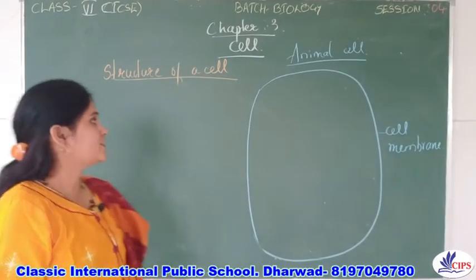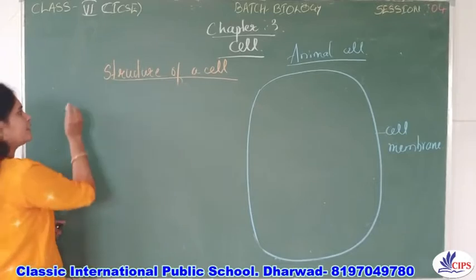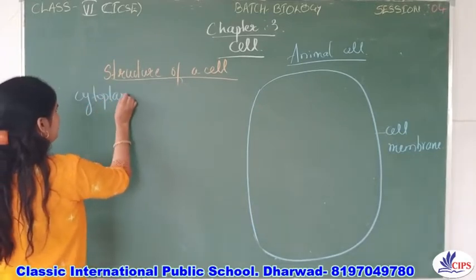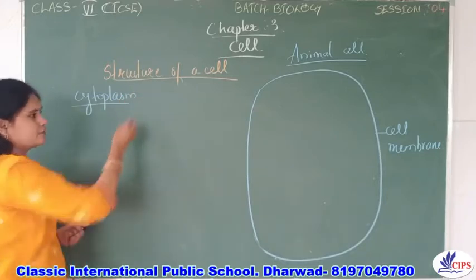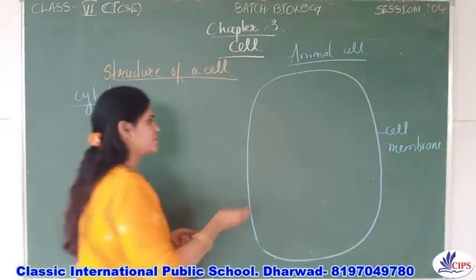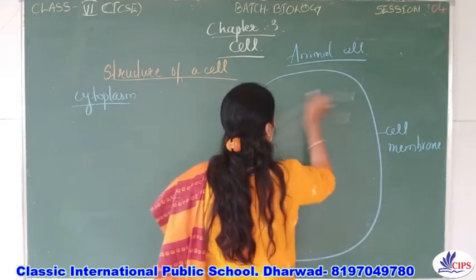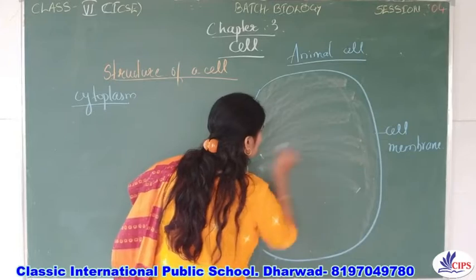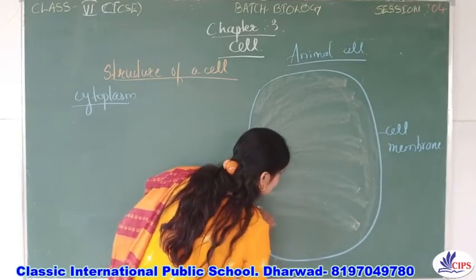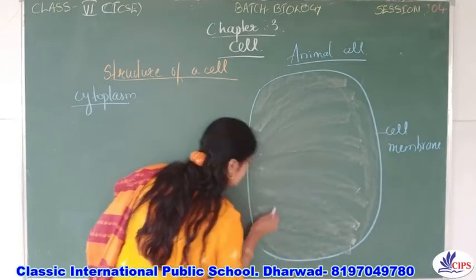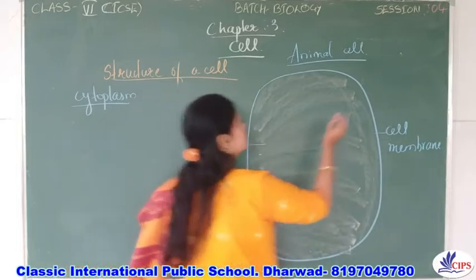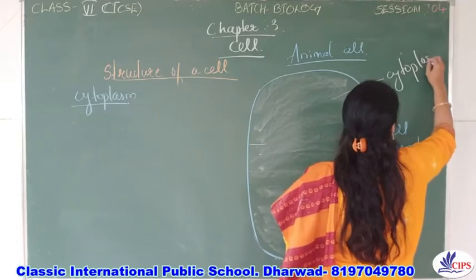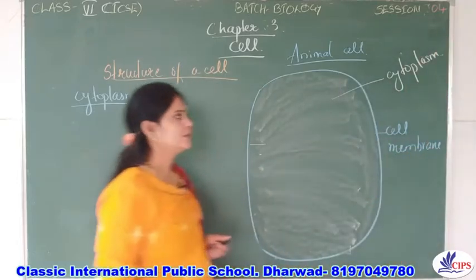So now next we'll move to another part of the cell, that is cytoplasm. This cytoplasm is a jelly-like substance which is present inside the cell, right? So this jelly-like substance is called cytoplasm, right?